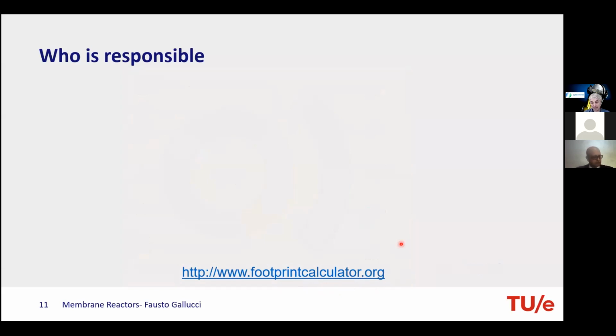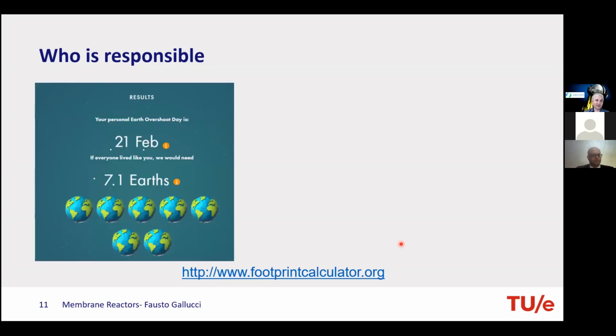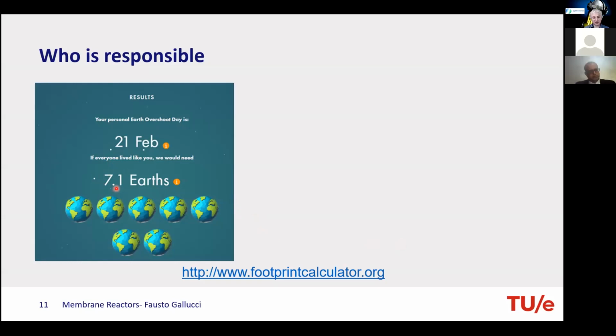And there will be a calculation of how much you contribute. And when I put my numbers in, the result was that if everyone would use the same resources that I use, then you would need 7 times the resources that Earth can produce in 1 year. So you see that this amount of energy that is used in industry is because of us.